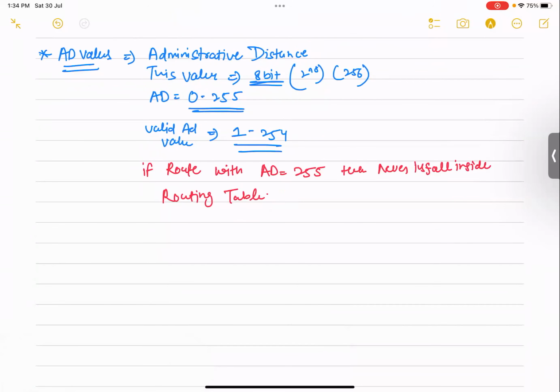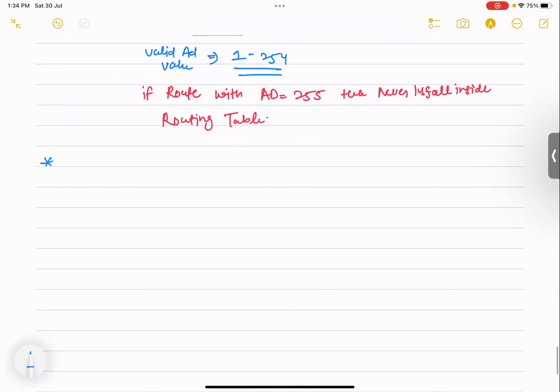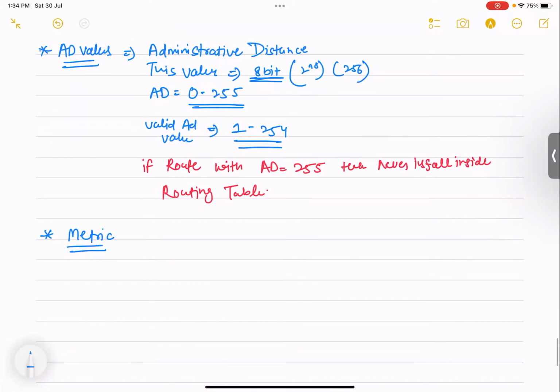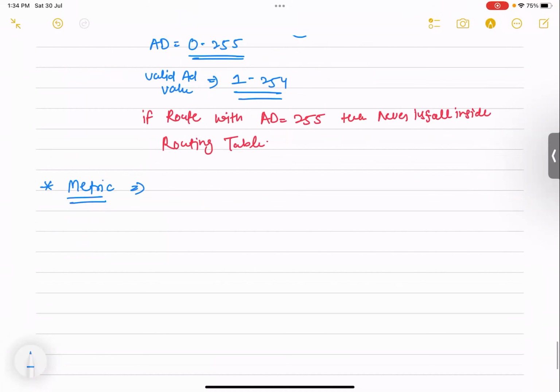Next concept. In routing, we also get one more option: metric. Metric means how to get the best path.